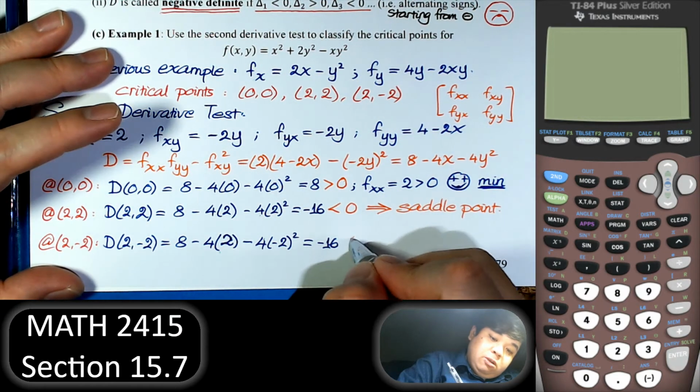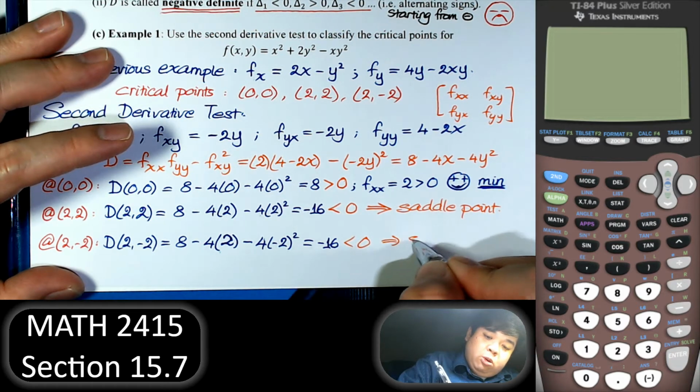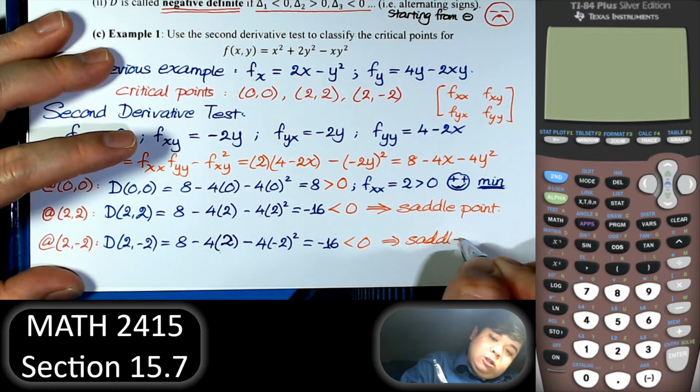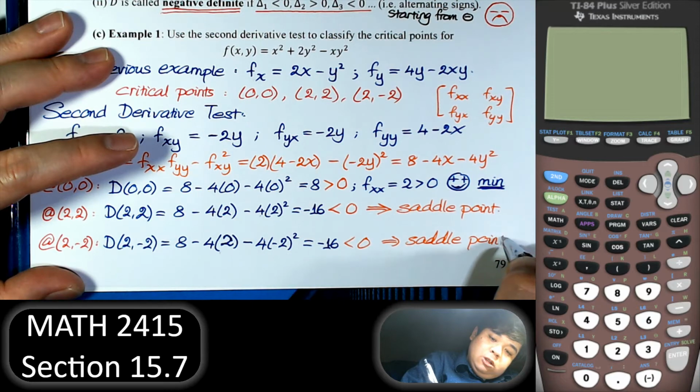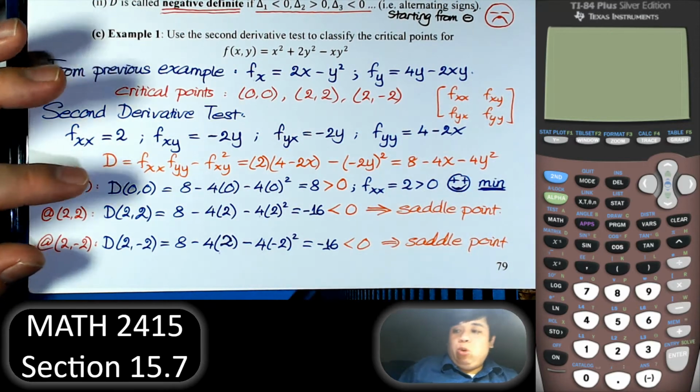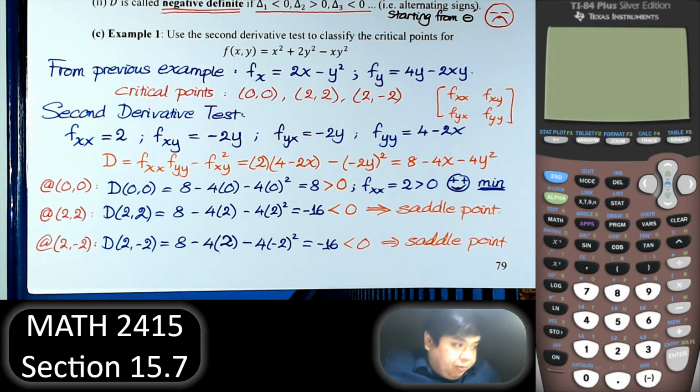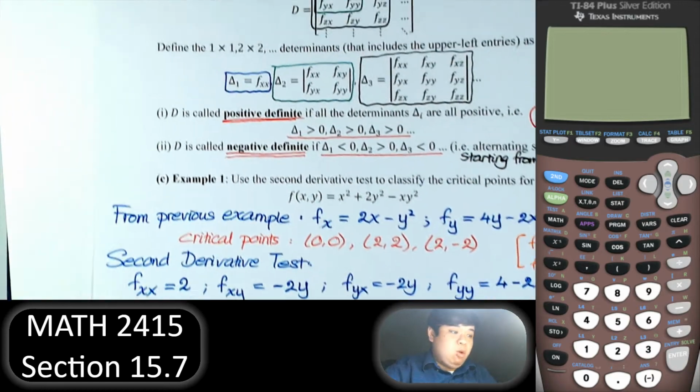That is less than 0, so it is a saddle point also. So there's a minimum and 2 saddle points. Right. So it's not that bad because we actually solve for the critical numbers and then we just test them. A full problem might require a lot more work.